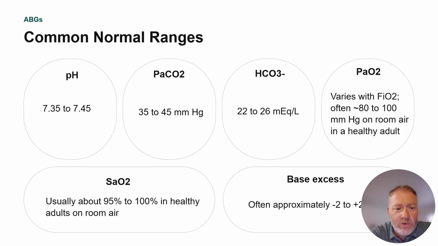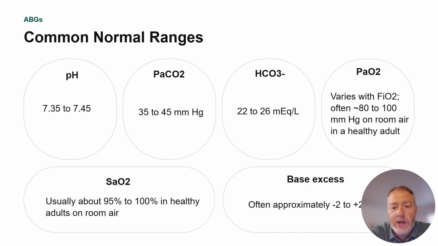Normal values for ABGs: 7.35 to 7.45 for your pH, 35 to 45 millimeters of mercury for your PaCO2, bicarb 22 to 26 roughly milliequivalents per liter.